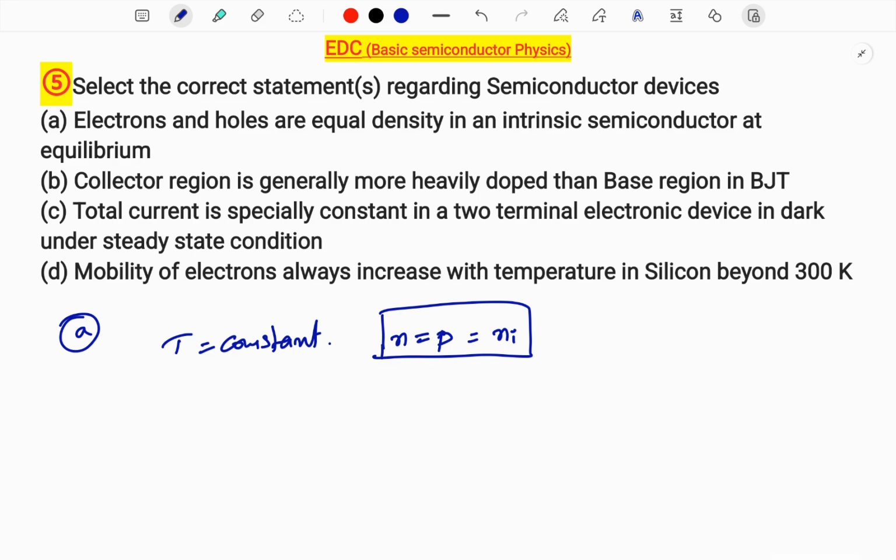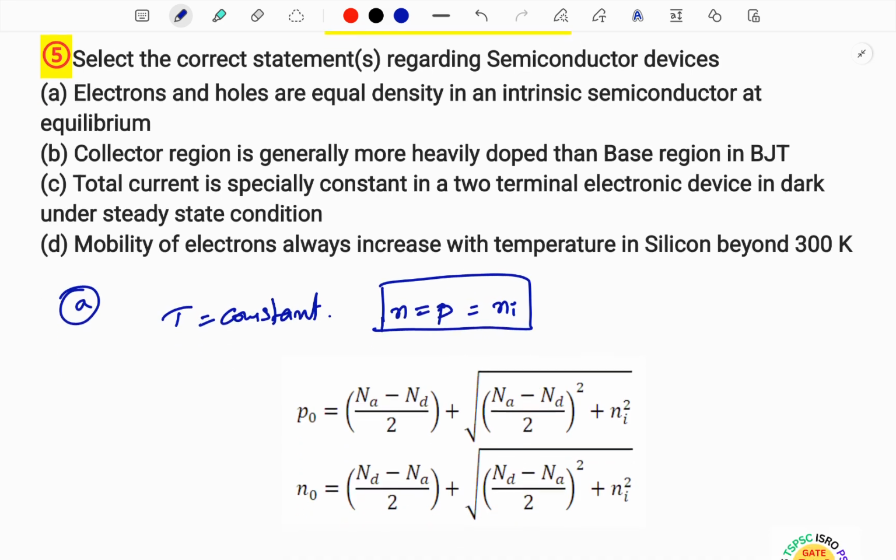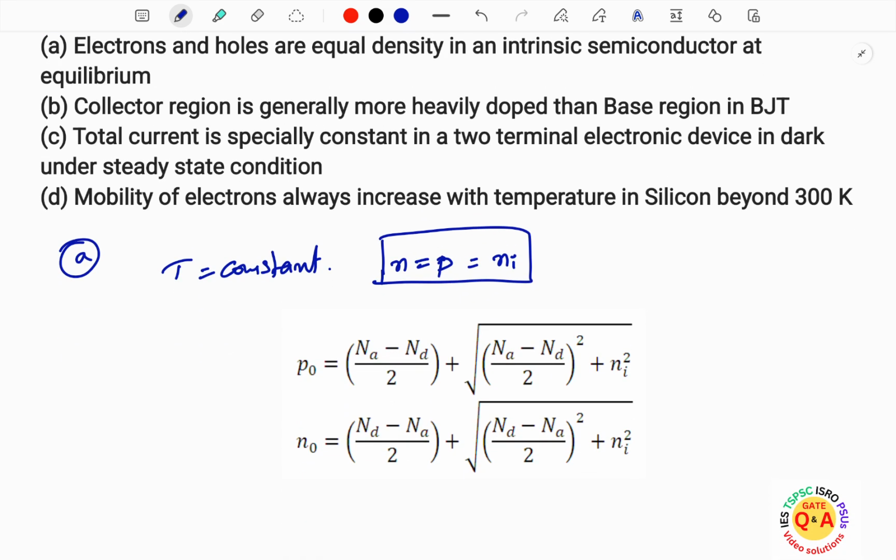We will also see this in formula form. The actual formula for the thermal equilibrium case gives the concentration of holes and the concentration of electrons, at T equal to constant.